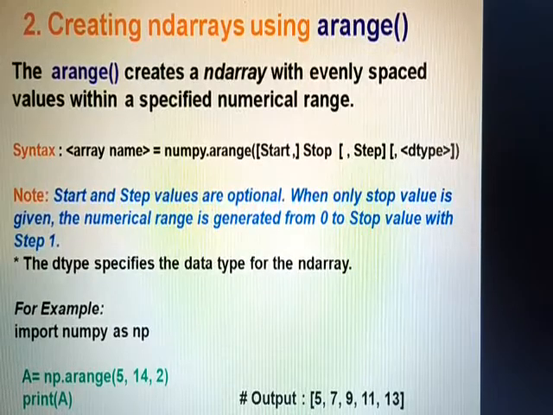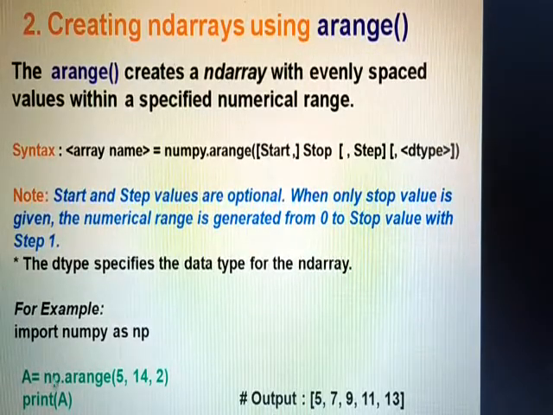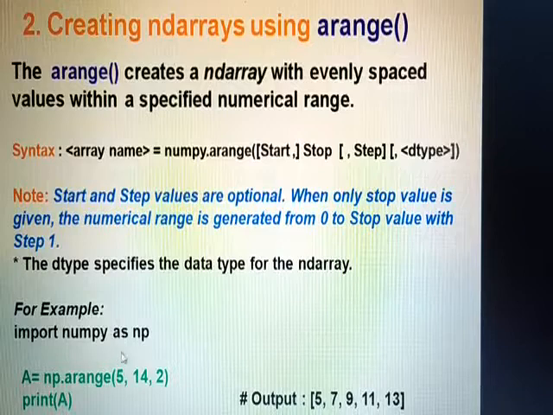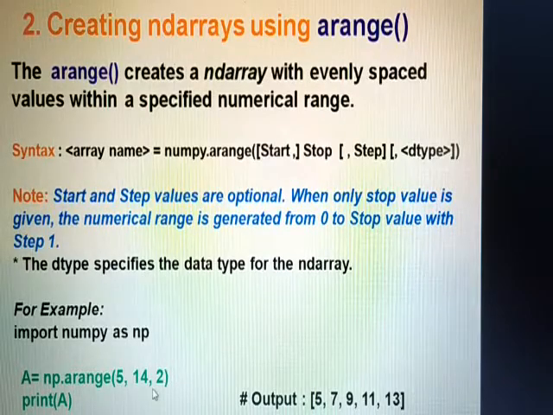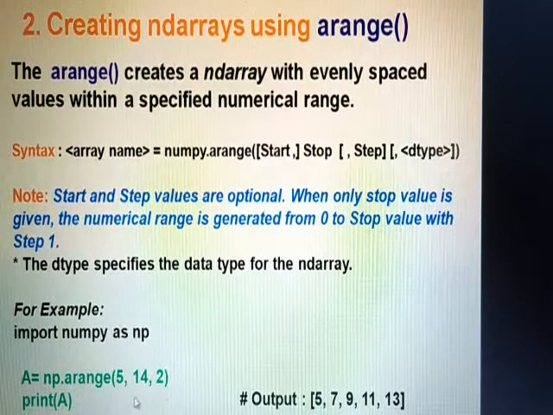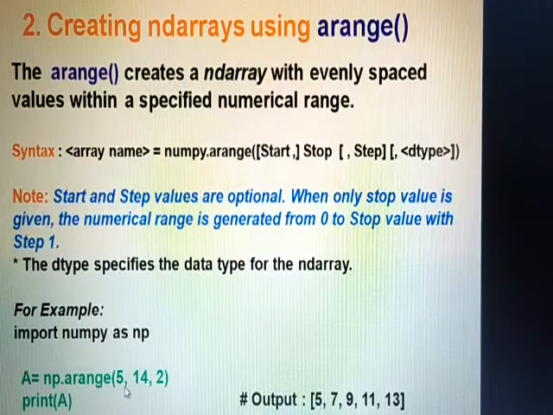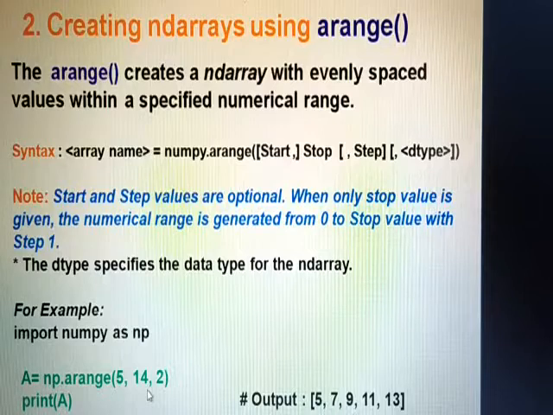Now, for example, here the first line, import numpy as np, and the command is a equals np.arange(5, 14, 2). Here 5 is the start value, 14 is the stop value, and 2 is the step value.